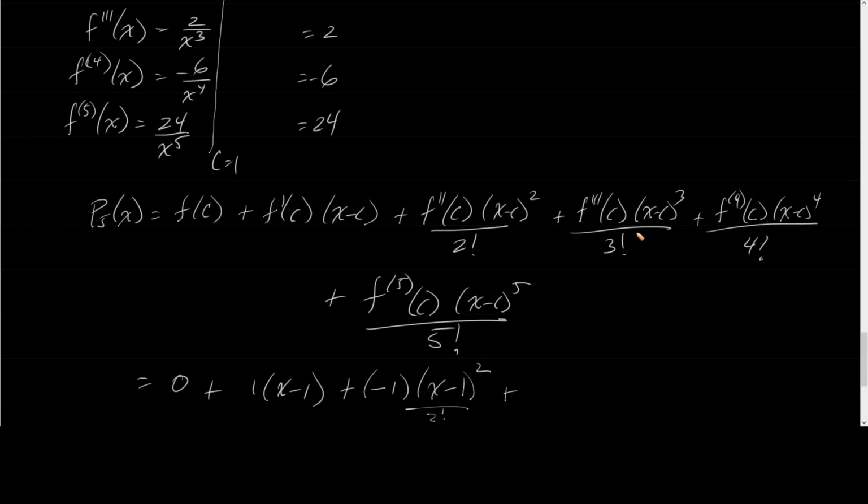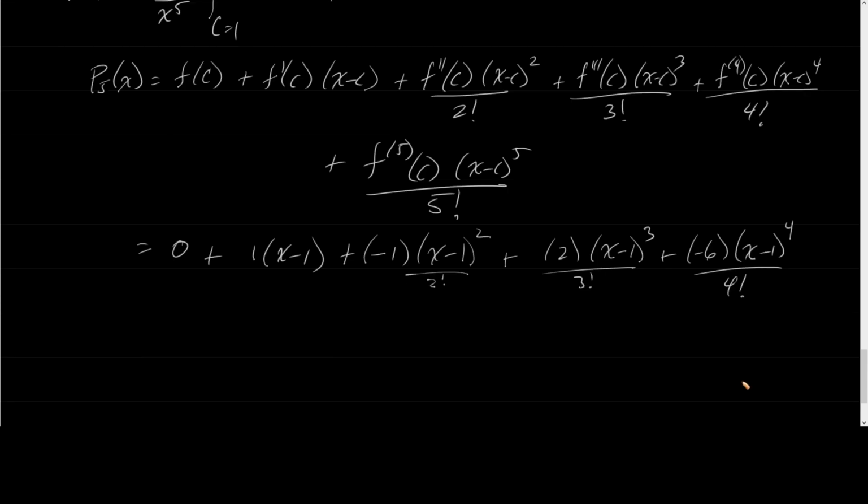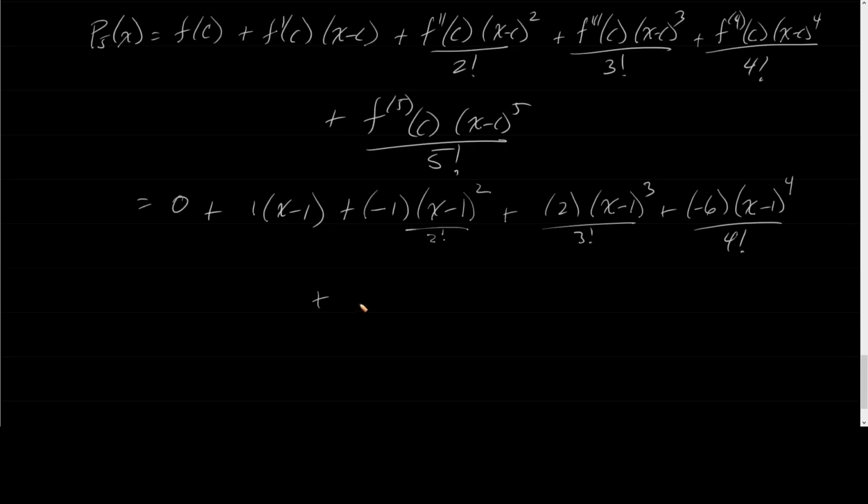Plus f triple prime. F triple prime was 2. So I here have 2 times x minus 1 cubed over 3 factorial. Plus the fourth derivative, so negative 6 times x minus 1 to the 4 over 4 factorial. And finally the fifth derivative, which was 24, so 24 times x minus 1 to the fifth over 5 factorial.